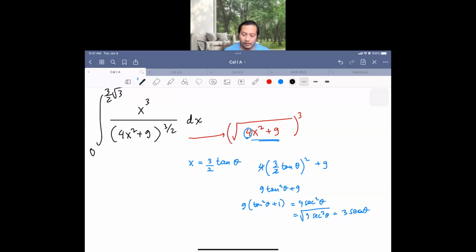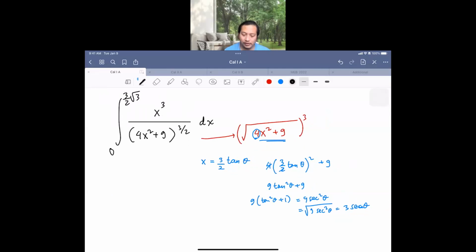Okay? Now let's try to put this into our equations here. And since we have this x, then we are going to change the endpoints. Don't forget to change the endpoints. So if we have this x and we are changing everything to theta, then dx is secant squared theta d theta.